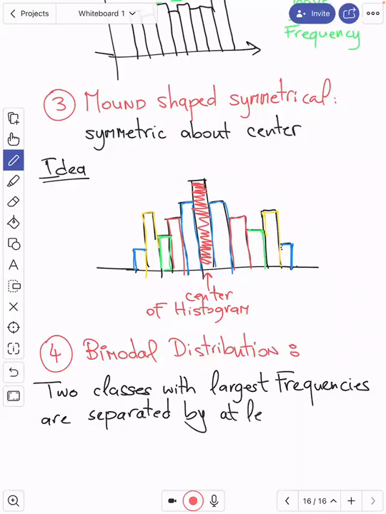At least, so it could be more than 1, of course. It could be 2 classes or 3 classes, etc.